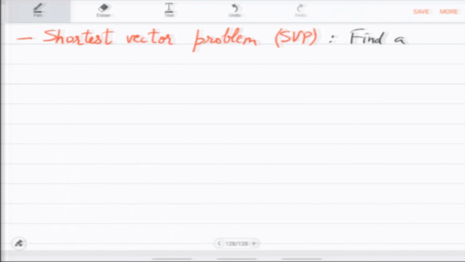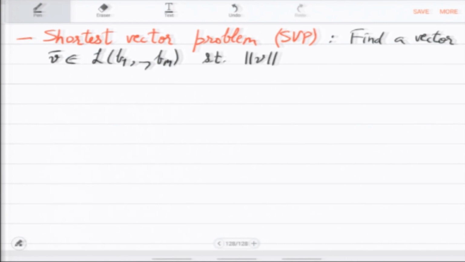Find a vector v in the lattice such that the norm of v is minimized.